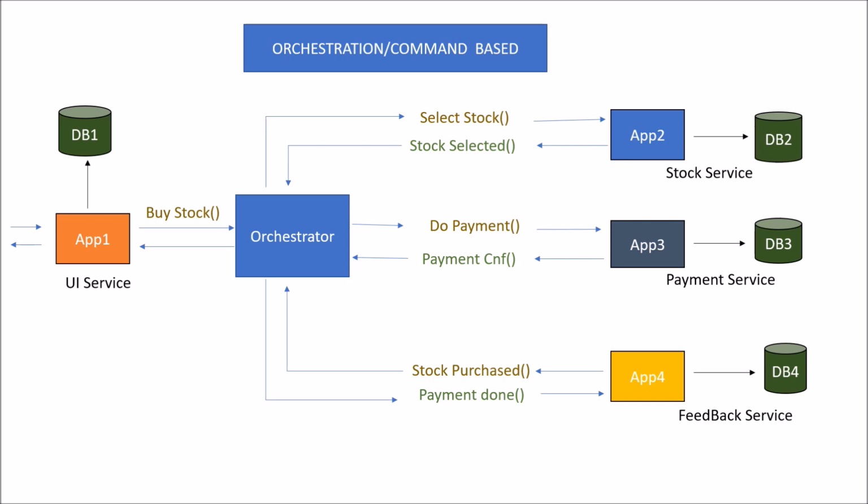So if you look at the orchestrator based approach, there is a central orchestrator. This orchestrator is an additional service that we have implemented apart from the stock purchase architecture. So this is an extra overhead in case we are going to implement the orchestrator or command based approach.